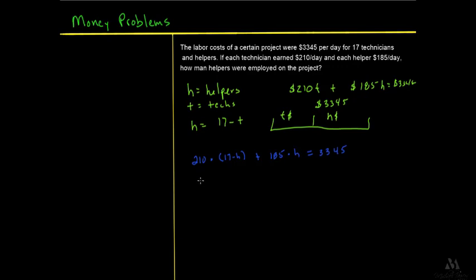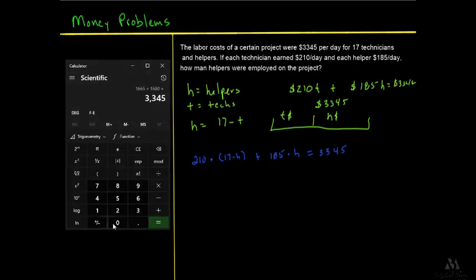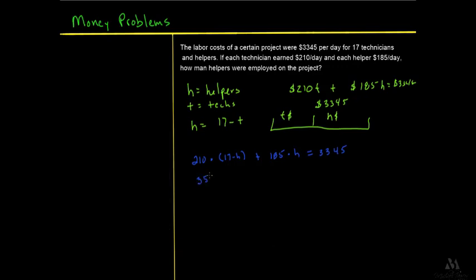All right. So let's go ahead and multiply this out. We're going to have 210 times 17, $3,570. So I'm going to multiply that and that, and I'm going to multiply that and H, minus 210H plus 185H equals 3345. All right, let's combine some like terms here.